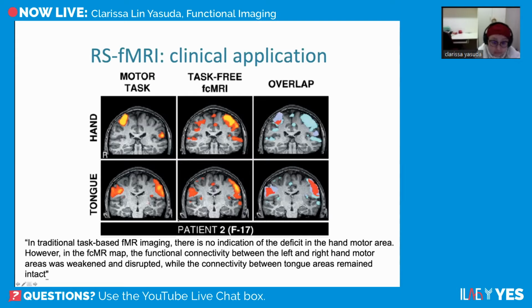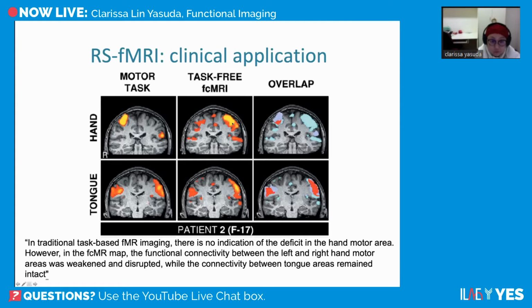What they realized is that in the task-based map, apparently, the activation of the hand is very intense here. And there is no indication of deficit in the hand motor area.